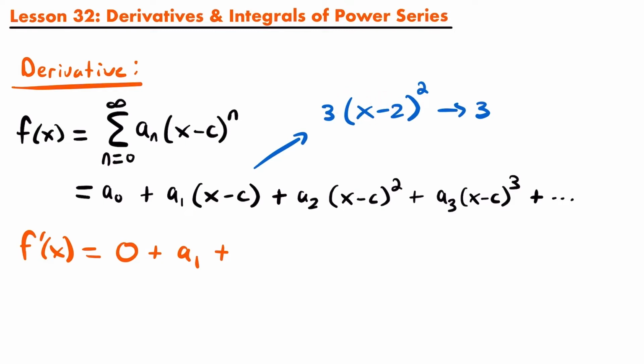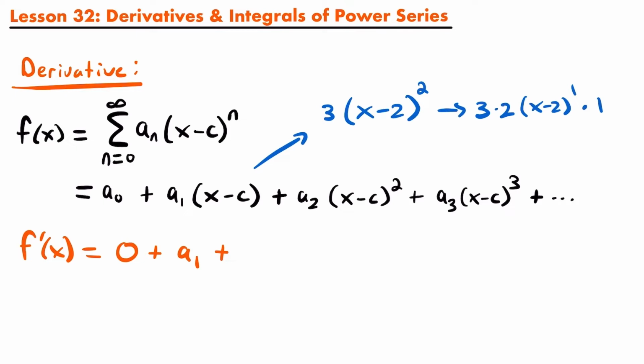The derivative of the outside function involves multiplying the exponent down and then subtracting 1 from that exponent. That is the power rule for derivatives. So we would have 2 times (x minus 2) to the first power, and then we multiply by the derivative of the inside function. The derivative of (x minus 2) is just 1, so we're multiplying by 1, which doesn't really change anything.